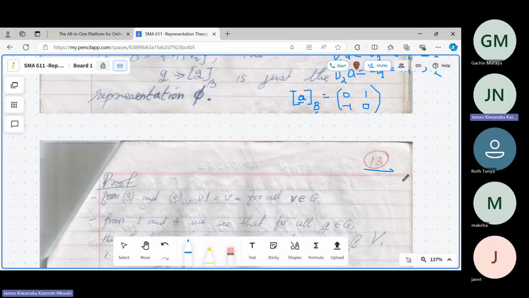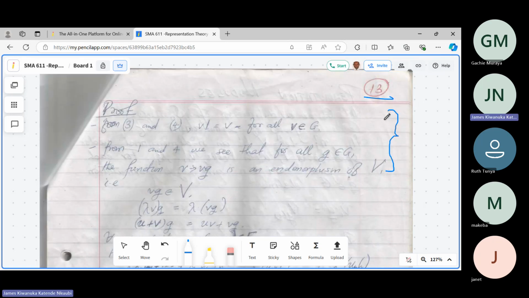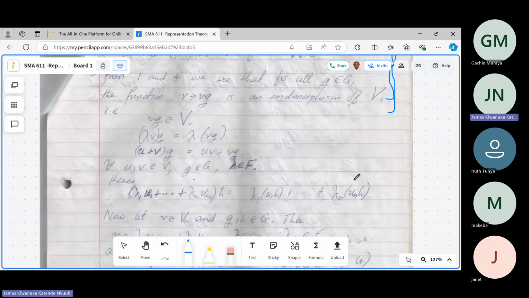Remind me to go through this next time. There's a page missing. I don't remember it offhand.